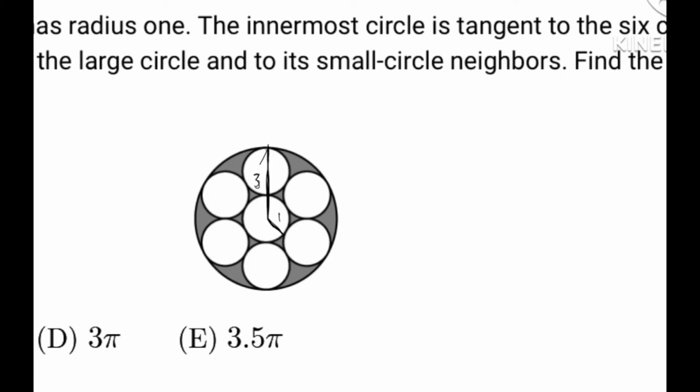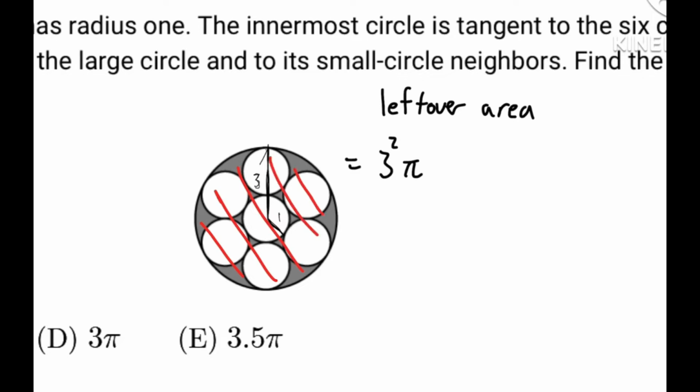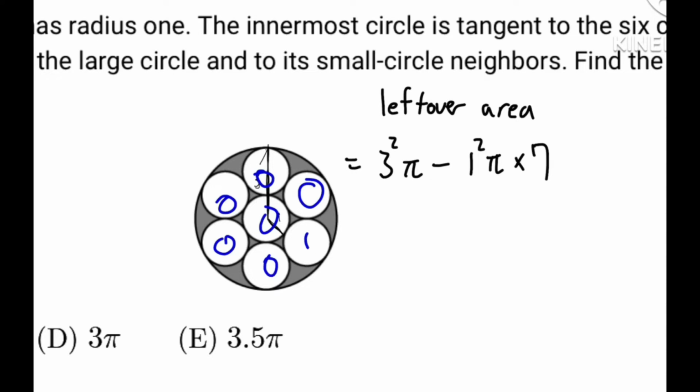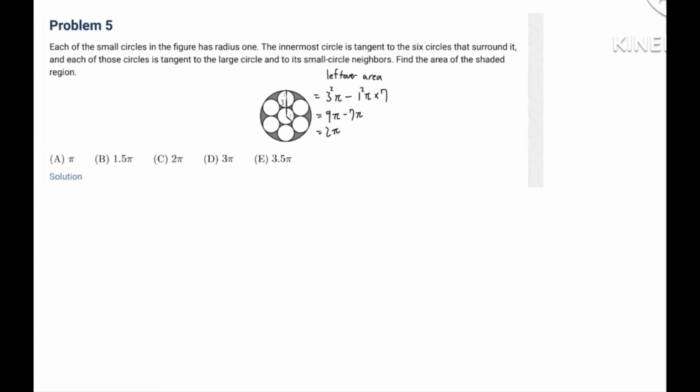And so the leftover area would be 3 squared pi, because that's the whole thing, minus 1 squared pi times 7, because there are 7 of these small circles that have to be subtracted. So this is 9 pi minus 7 pi, which is 2 pi. The area of the shaded region is 2 pi, so the answer is C.